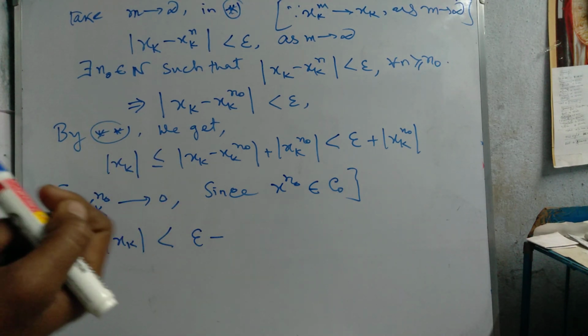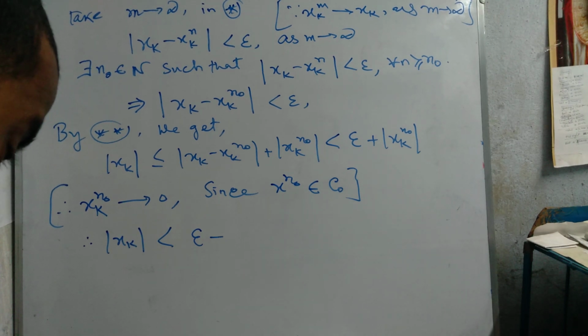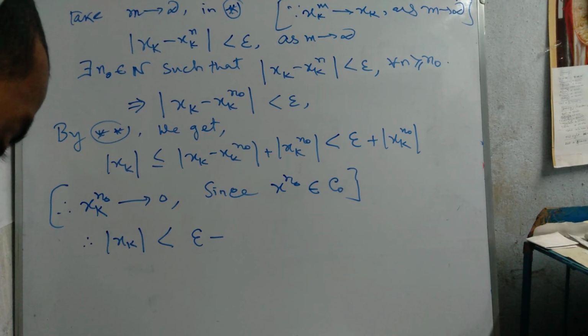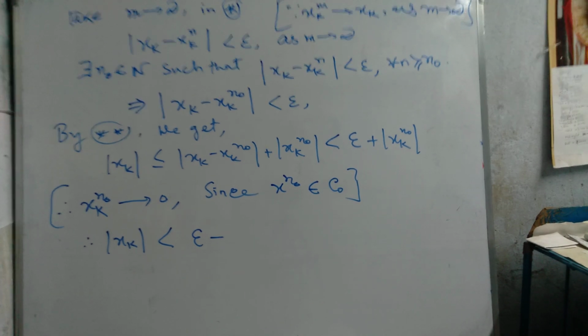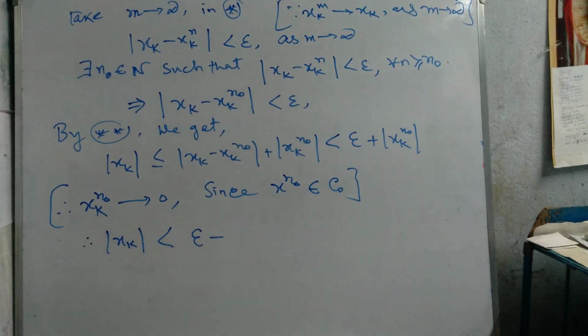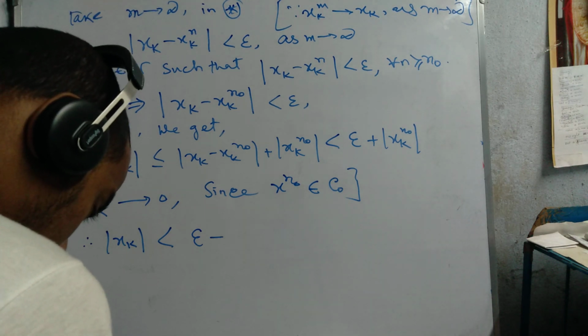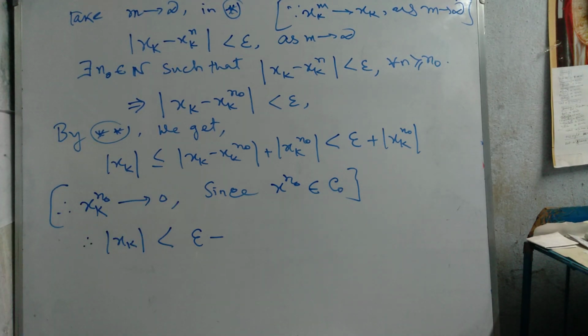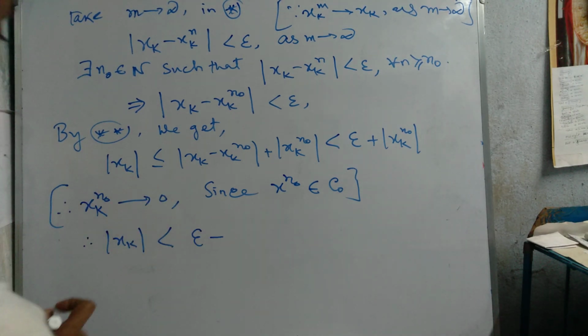If this one tends to 0, then that means this tends to 0 as n0 tends to infinity, or as k tends to infinity, sorry. Here, as k tends to infinity, this one is 0.